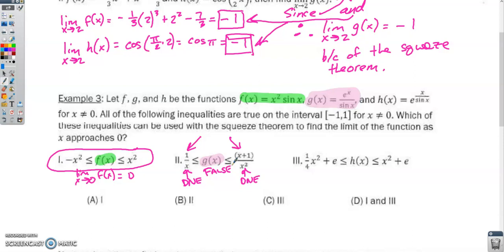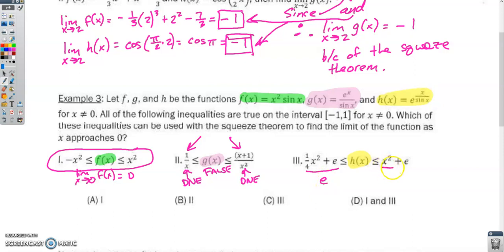And part 3 here, we're using the function h of x. All right, so h of x is in between those two. And we sandwich them. If we take the limit as x approaches 0 of this function, it's equal to e.